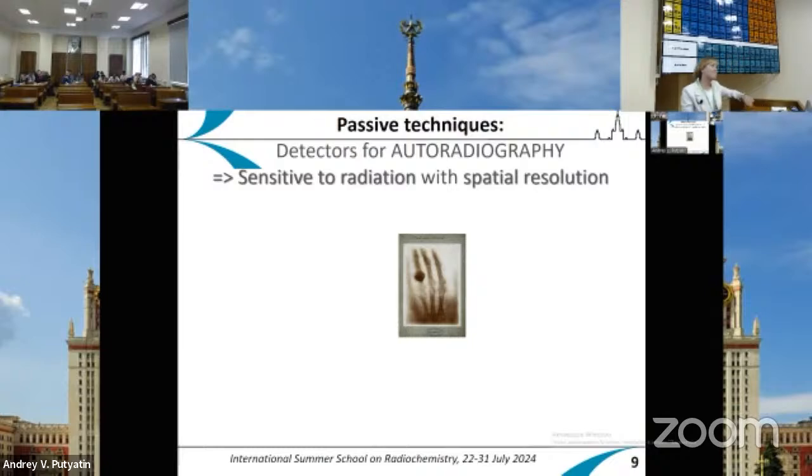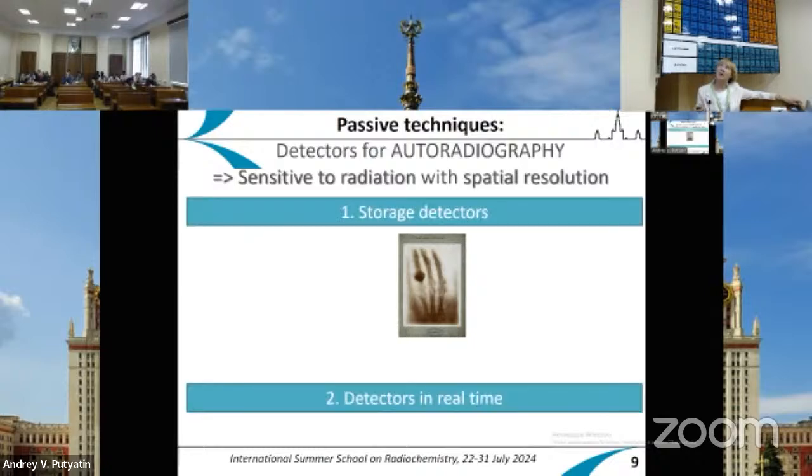The most popular passive technique in radiography and in radiometric analysis is autoradiography, which does not use any excitation. It is only the collection of signal from the radioactivity contaminated sample.